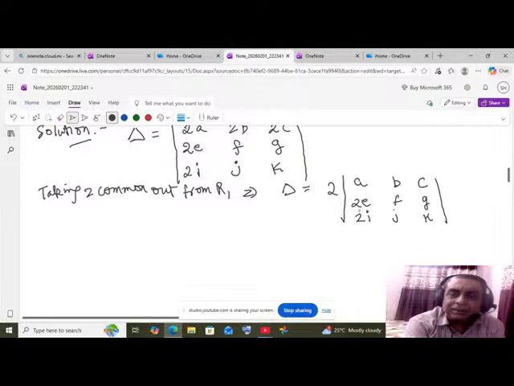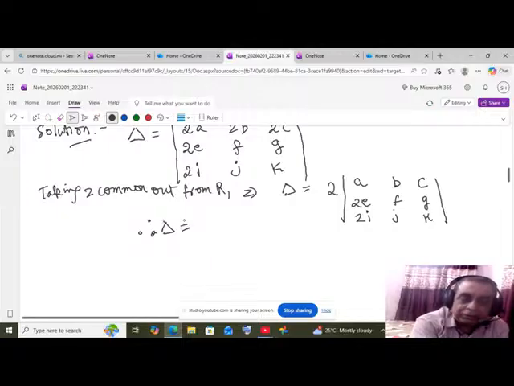Now there is 2 common in the second and third elements of the first column, but the first element of the first column has no 2 common. So the determinant value is not equal to that.